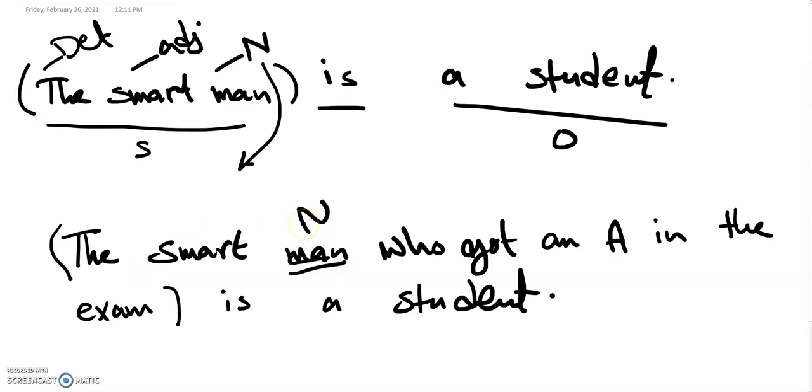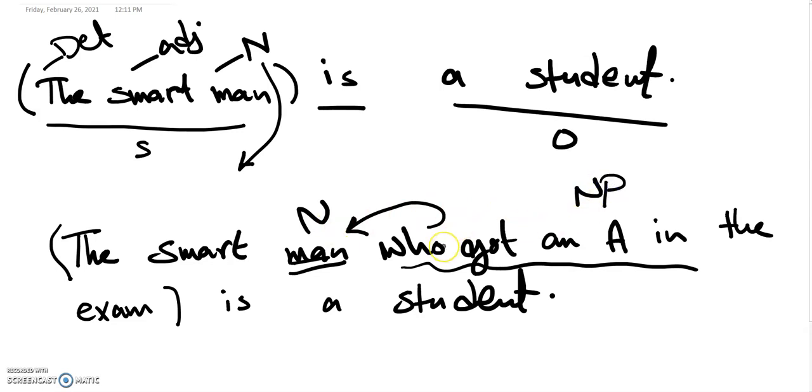This noun, the man, is the governor or the leader of this group, but it is surrounded by a number of other elements, like we have a determiner here, an adjective, and here we have a relative clause regarding the man. By the end, I'll say that this group is governed by the noun. Because of that, I will name it as noun phrase.